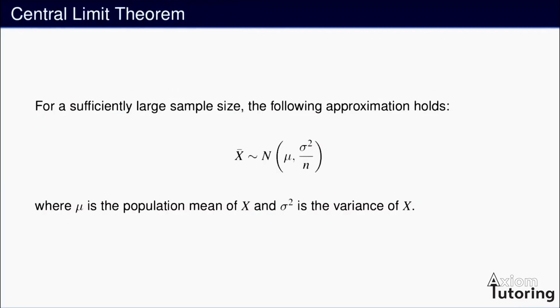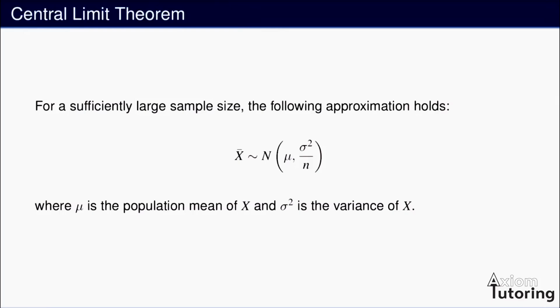So another way in which we can express this is as follows. For sufficiently large sample size, the following approximation holds. X bar is distributed, so that tilde is a way of expressing that it's distributed approximately as a normal distribution with mean mu and variance sigma squared divided by n.